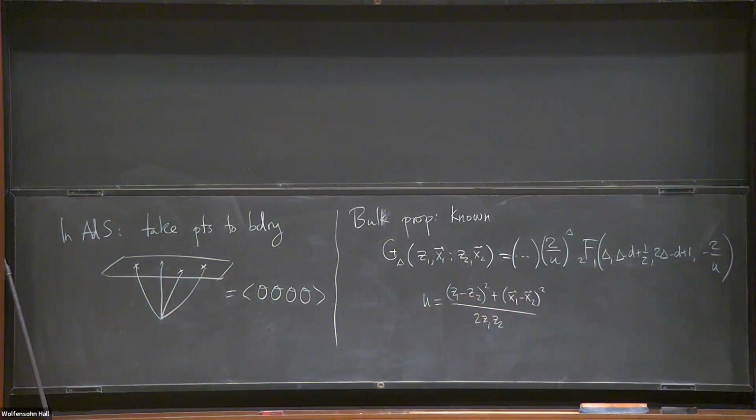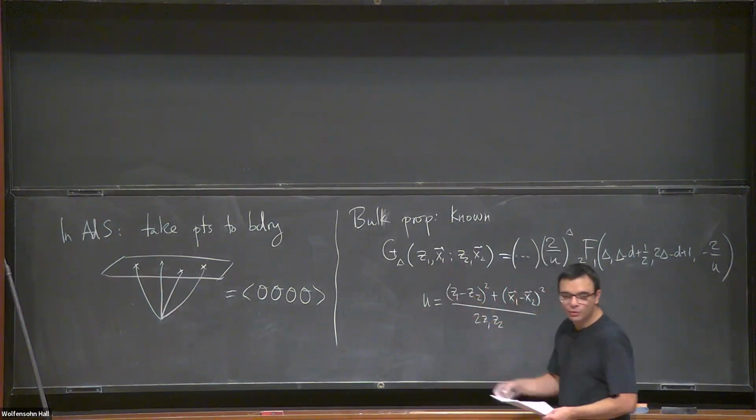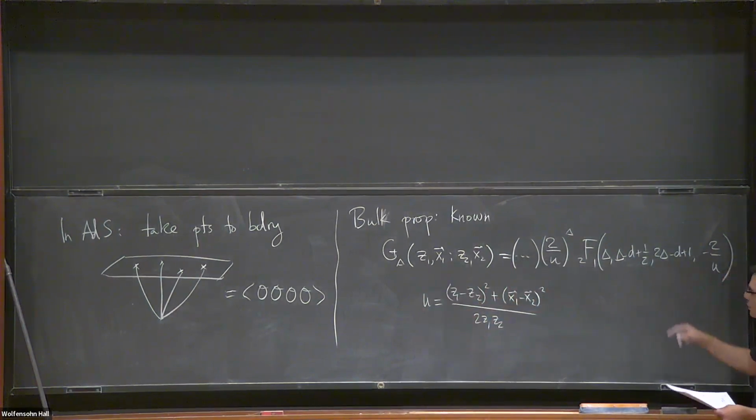It has a simpler limit when one of the points, or both points, go to the boundary. Then this becomes just a pure power of u.